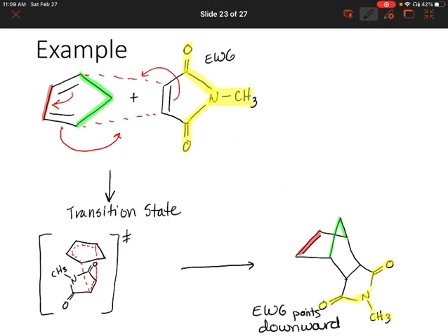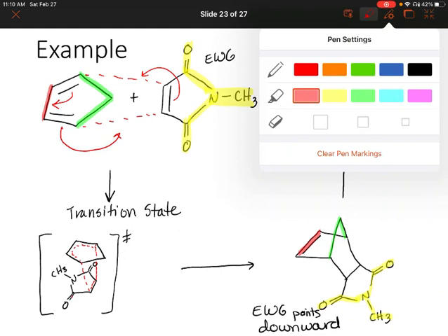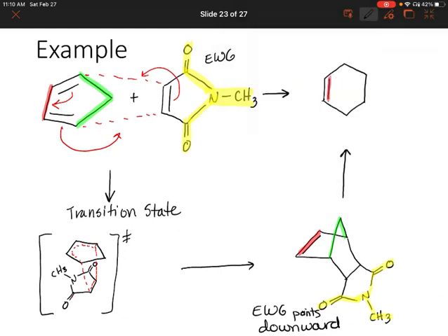Okay, so now let's draw this in the two-dimensional form with wedges and dashes. Okay, so we've got our cyclohexene that forms. So again, we've got our double bond that forms on the backside there. And then what about our little triangle, the green triangle there, the one carbon bridge? Well, that is pointing upward across this cyclohexene ring, so we'll just draw some wedges here.